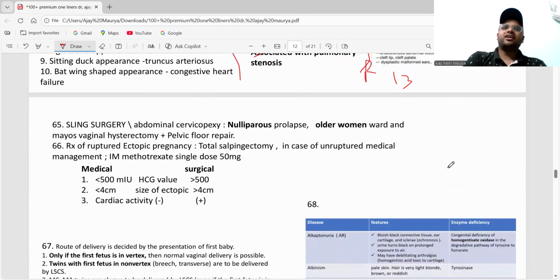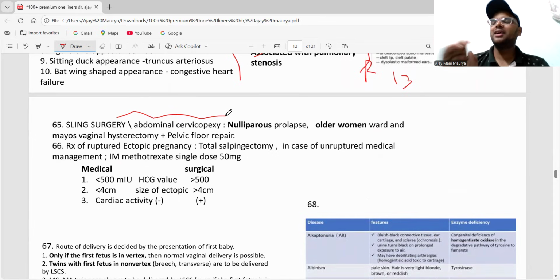65. What is sling surgery or abdominal cervicopexy? It is done for uterine prolapse. Sling surgery is best for nulliparous, young women, and for young women who want pregnancy in the future also. For the nulliparous, the best one is the sling surgery, also called abdominal cervicopexy.